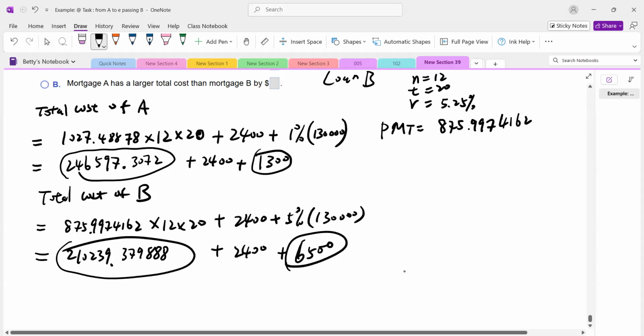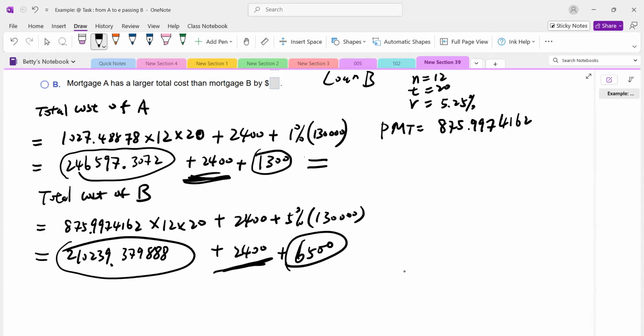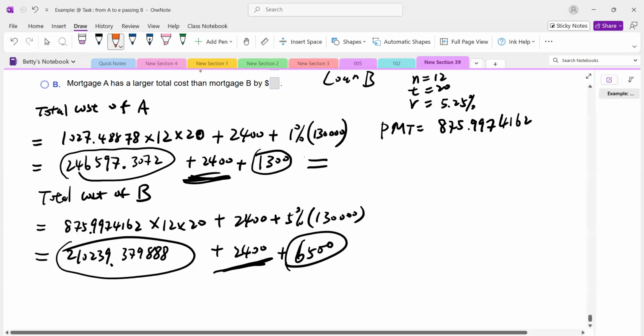Okay, so let's actually add those numbers together. What do you think? This part is the same, right? So we really don't care about that part. The points, plan B has more, but the total payment, plan A has a lot more. So plan A definitely has a higher cost, by the way.